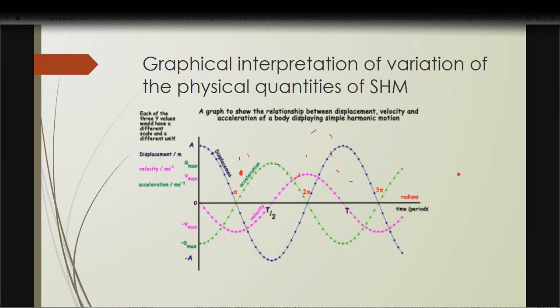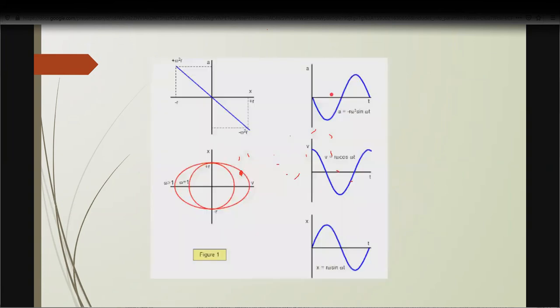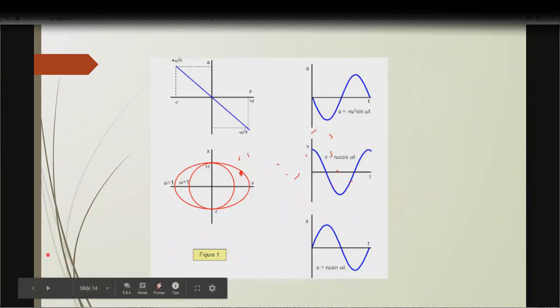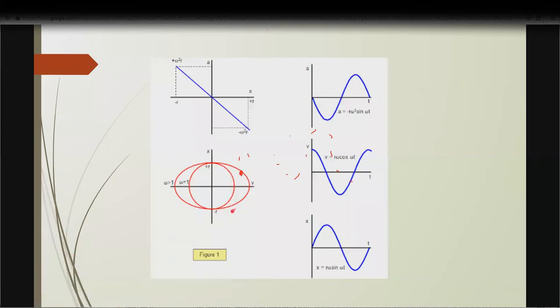Right. These are the graphs, okay? Look at this one. This is the variation of velocity with displacement.